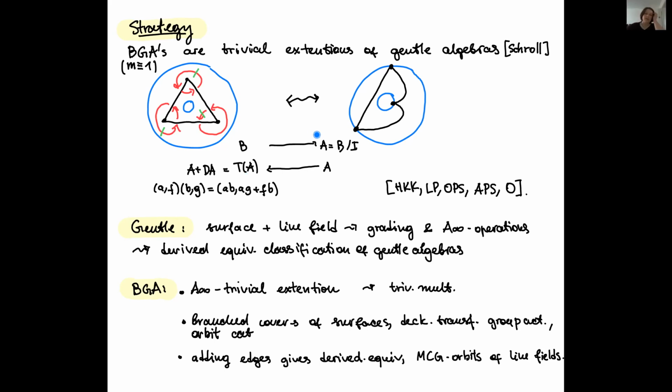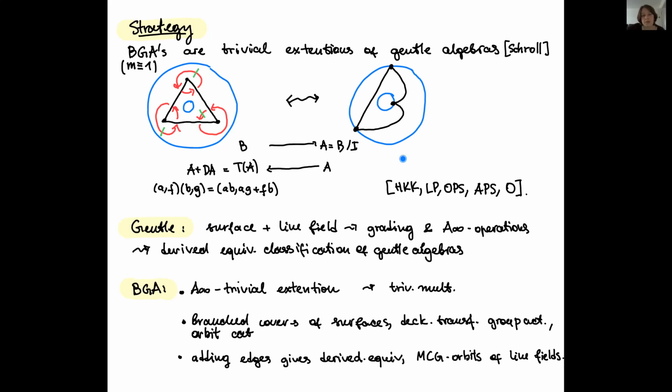Okay, and recently Gentle algebras were also classified up to derived equivalence, and one of the things that helped to do that was to enlarge the class of Gentle algebras to include some A-infinity algebras, and then the construction of derived equivalences was easier. So how does one do that?